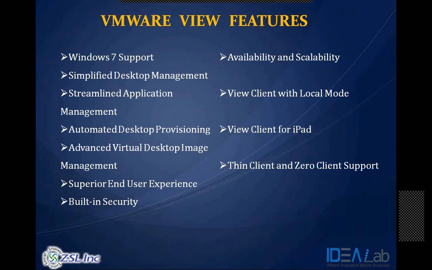Nowadays, everybody supports Windows 7, but VMware View were the first VDI solution to support Windows 7. They have what is called streamlined application management. So in addition to managing the OS image, you can manage individual applications that are running on a virtual desktop, which provides a very fine-grained approach to different users having different applications.